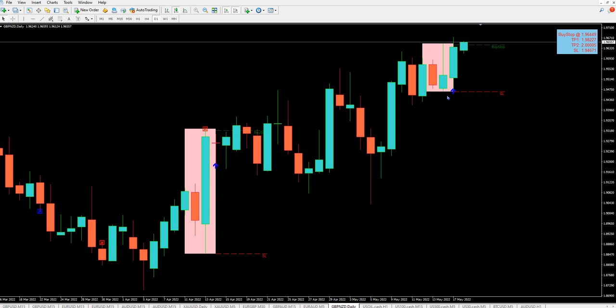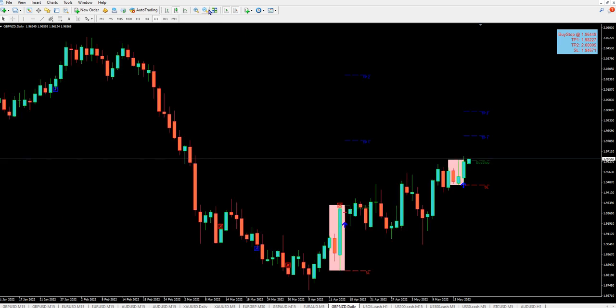And you can see another one here. Candle B goes lower than candle A and above candle A. And so now the latest one here is the buy stop with the stop loss below the engulfing candle.